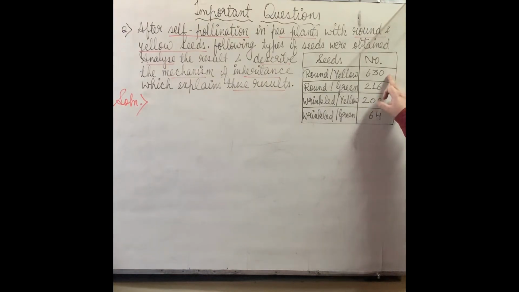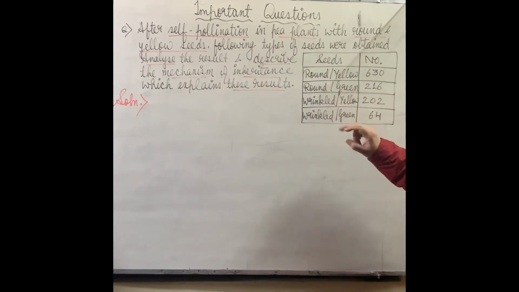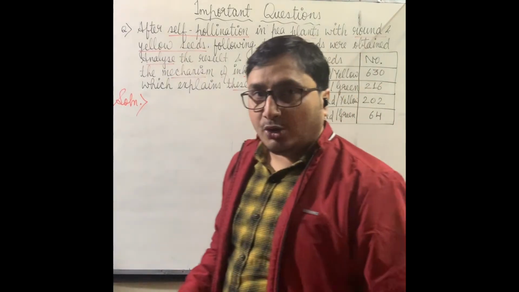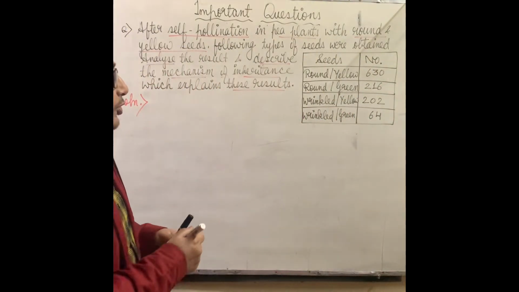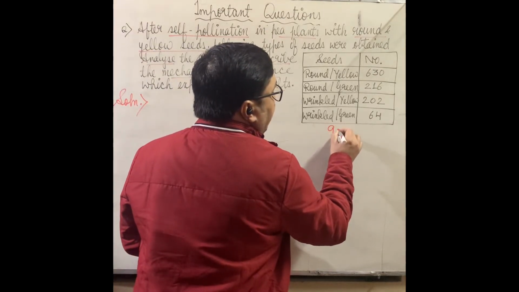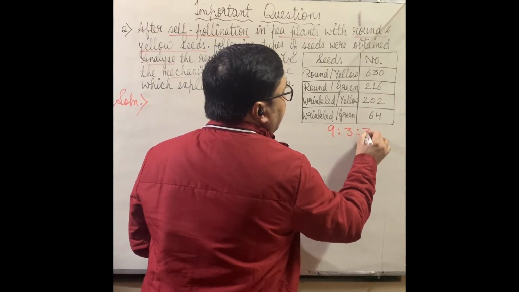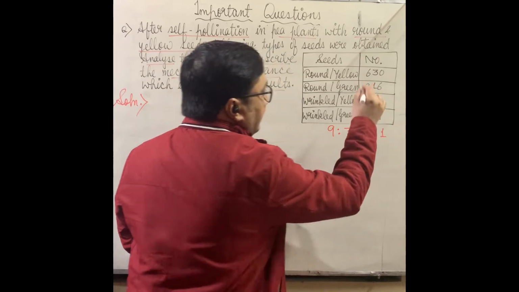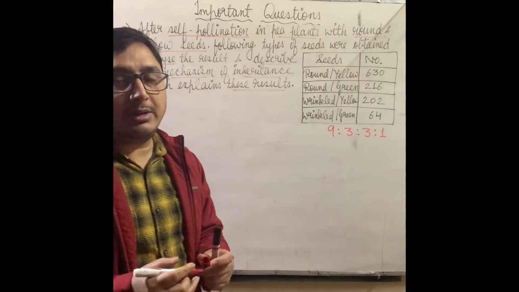There are 630 seeds with round and yellow, 216 round and green seeds, 202 wrinkled and yellow, and 64 wrinkled and green seeds. Okay, that means the ratio here is going to be 9:3:3:1. So the moment you see this, all these things should come to your mind.